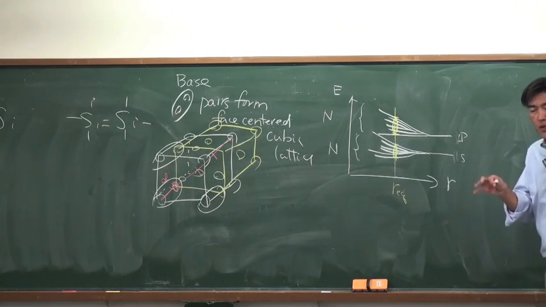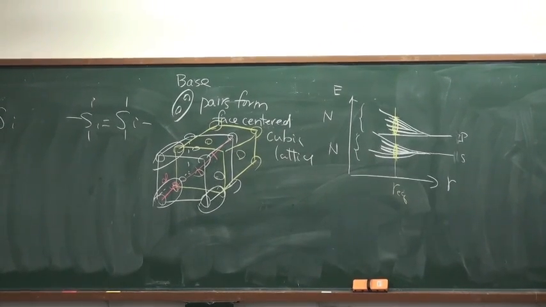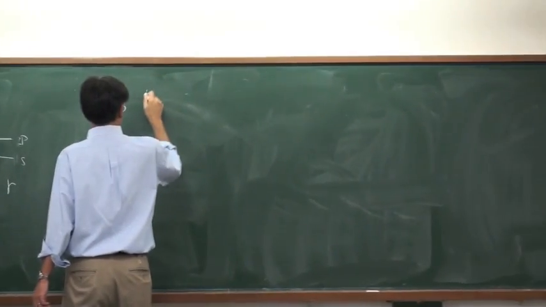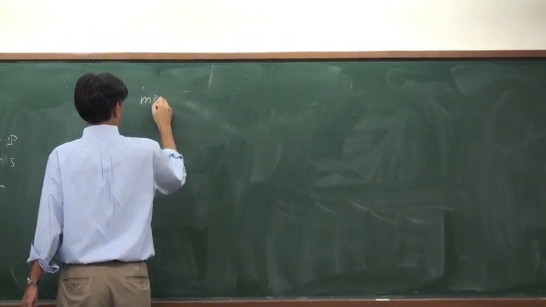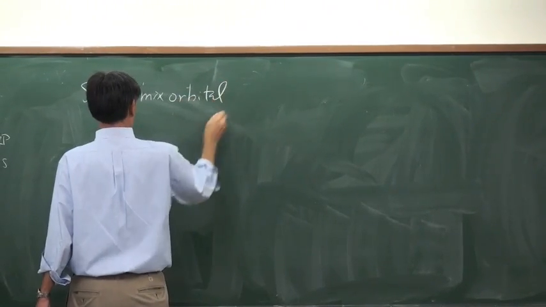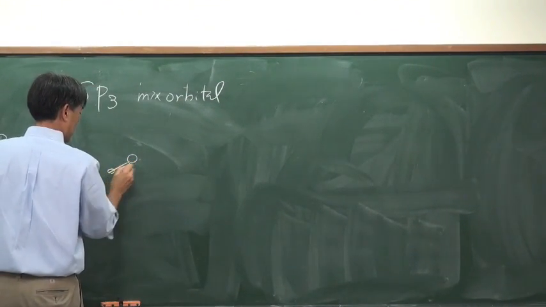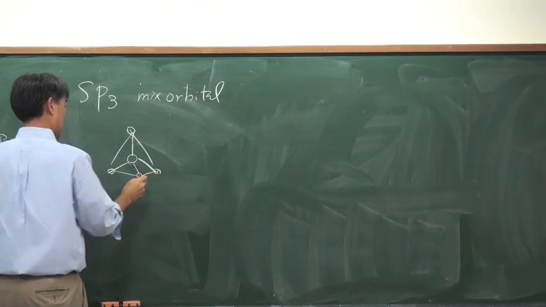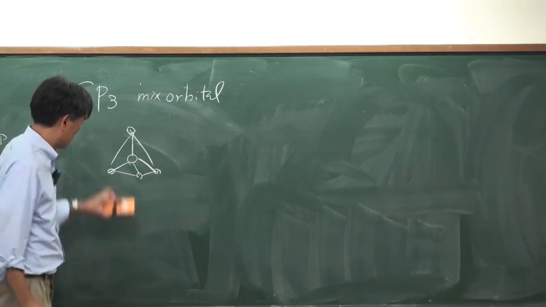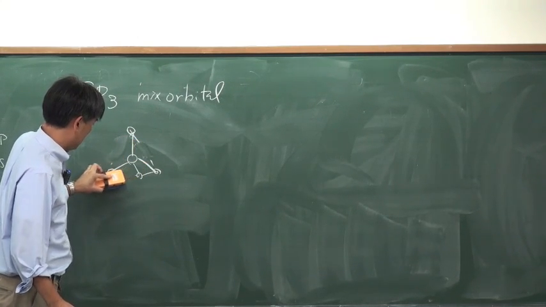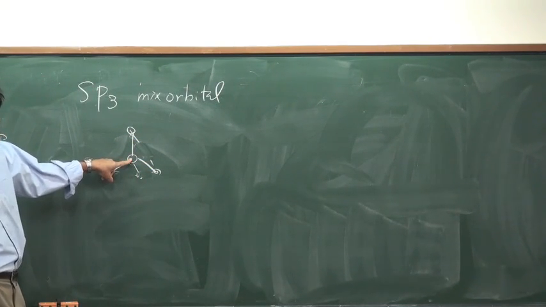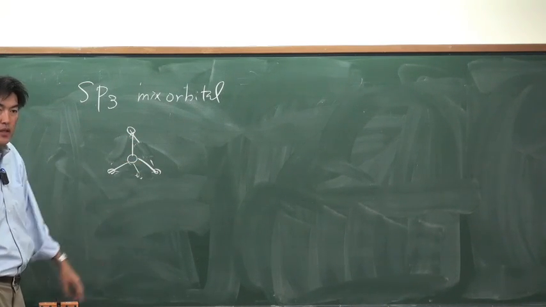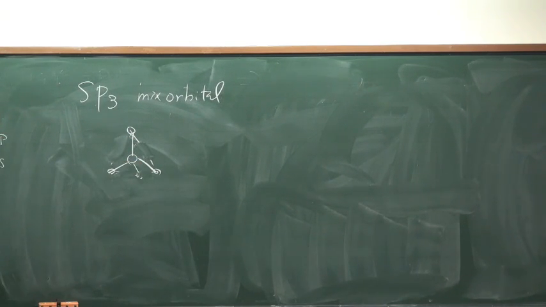Silicon, diamond, and so on actually take sp3 bonds, mixed orbitals. So there's one silicon atom, and it forms 4 bonds in real space, 3-dimensional like this.